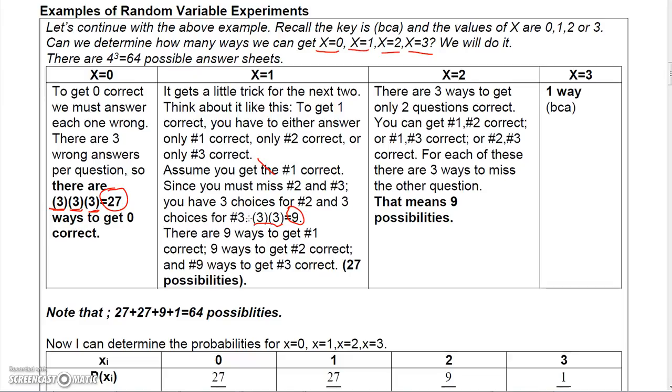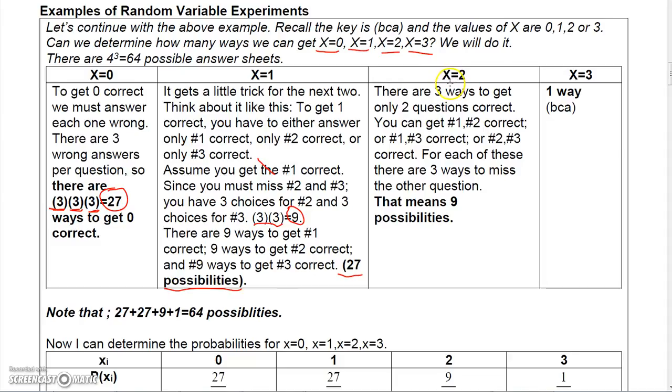Or you could get number 2 correct and miss 1 and 3. Or you could get number 3 correct and miss 1 and 2. So there's actually 3 ways you can do that, and each way has 9 possible answer sheets that you could turn in. So 3 times 9 is 27. If you don't quite understand that, don't worry about it, but there's 27 possibilities.